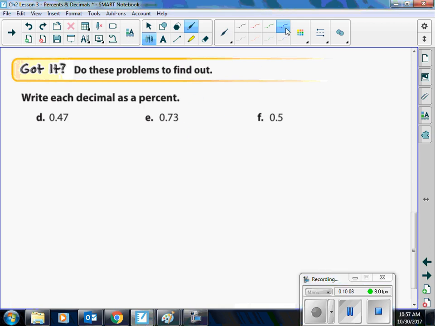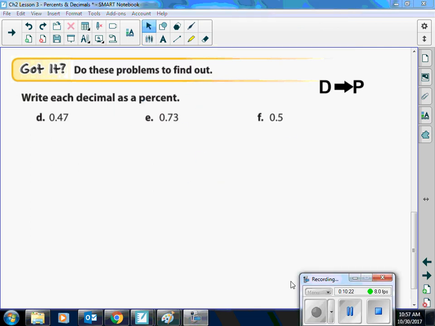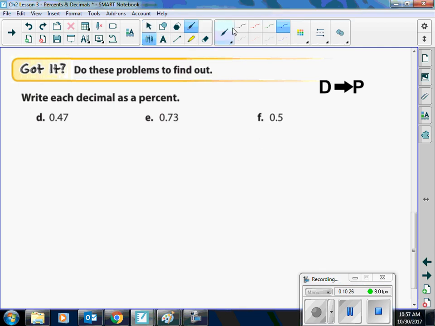So let's do these got it problems. Problem D is 47 hundredths. We want to write this as a decimal, or the decimal as a percent. And once again, if I'm going from decimal to percent, we're going to move to the right 2 places.